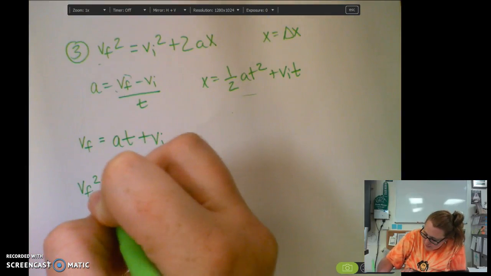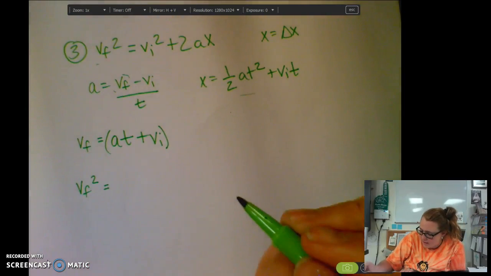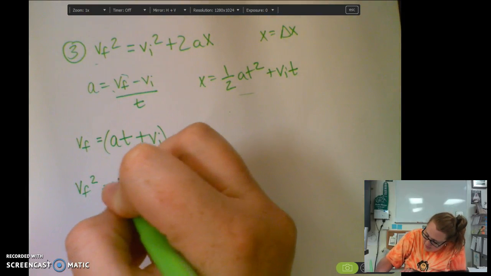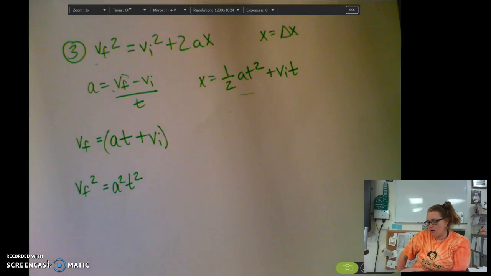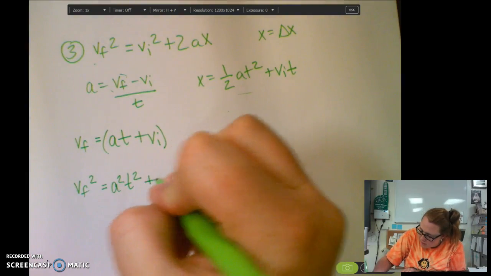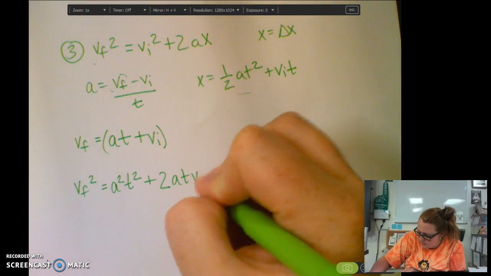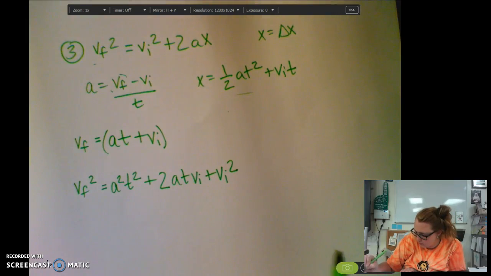vf squared then is going to be, we're squaring this whole term, so we're going to have a squared t squared plus 2atvi plus vi squared.